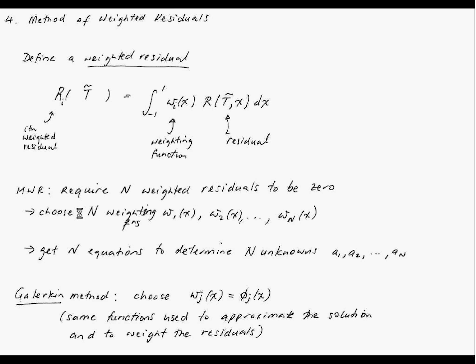Plugging through all the math, solving the equations gets us this solution, which says that by the method of weighted residuals, for this choice of the basis functions, the cubic and the quadratic, the approximate solution is 100 plus 27.6 amount of our quadratic basis function plus 8.9 amount of our cubic basis function. So a different solution to what we got with collocation, right? We got to it through a different route.